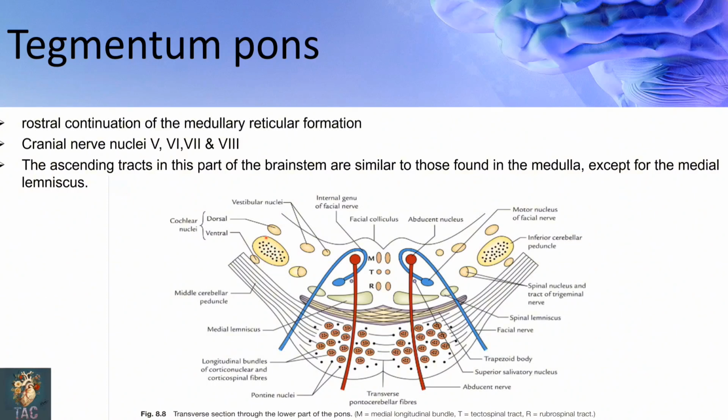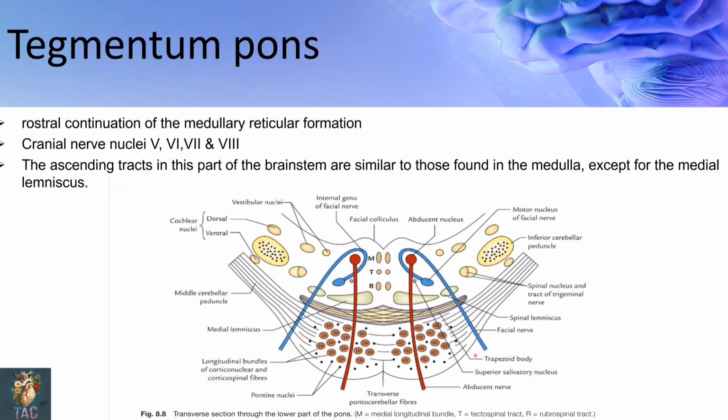The dorsal cochlear nucleus is present posterior to the inferior cerebellar peduncle, and the ventral cochlear nucleus is present anterolateral to the inferior cerebellar peduncle, in between the inferior and middle cerebellar peduncles. So these are the different features of the internal structure of the pons at the level of the facial colliculus.